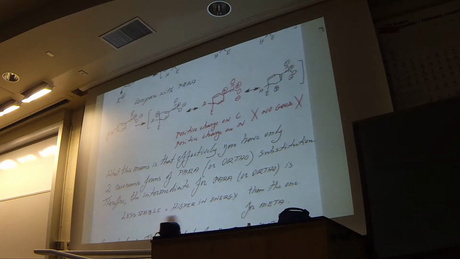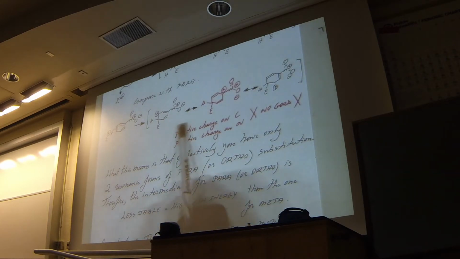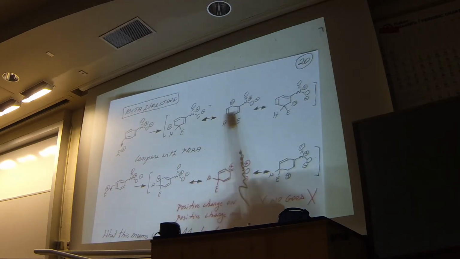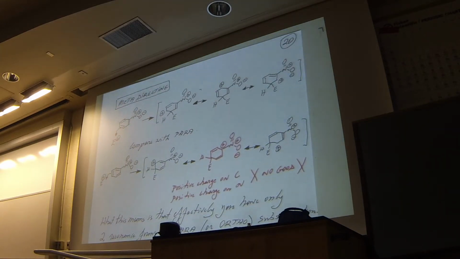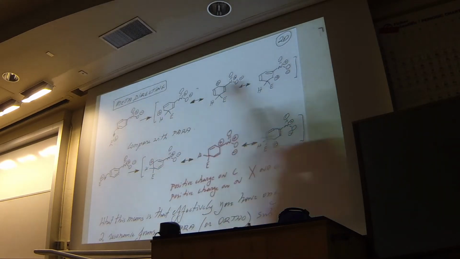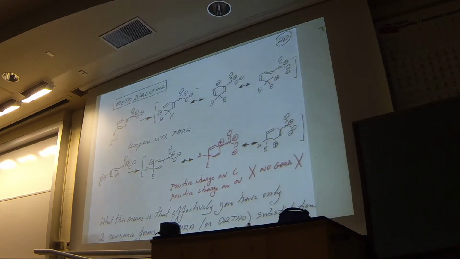And so this intermediate is higher in energy than this one. Now, the important thing to remember is that both intermediates, both this one and this one, are still higher in energy than they are for benzene, and much higher in energy than they are for methoxybenzene.